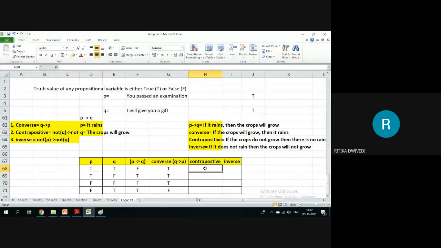False. True. True. True. Next, what is this truth value?